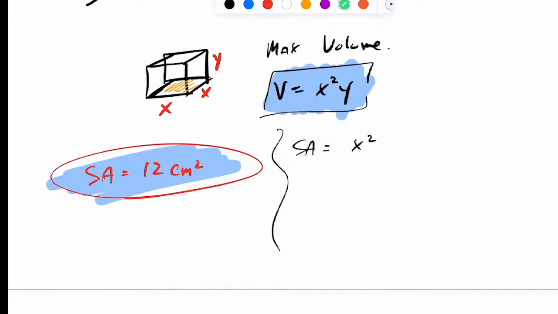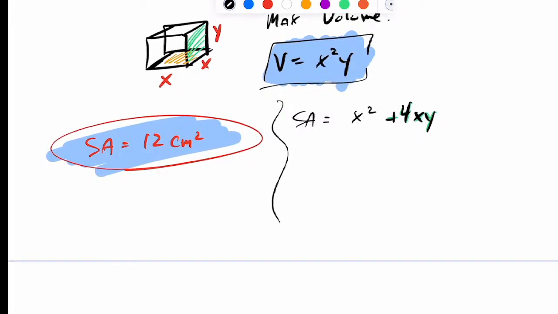And then you have the area of the sides. The area of this side is going to be xy, and because it's a square base box, every one of these sides has dimensions of x and y. There are 4 sides, so you add 4xy. So the surface area of this box is x squared plus 4xy.